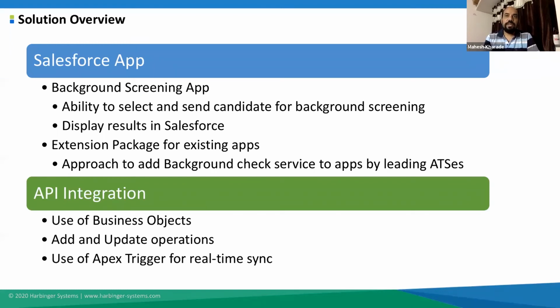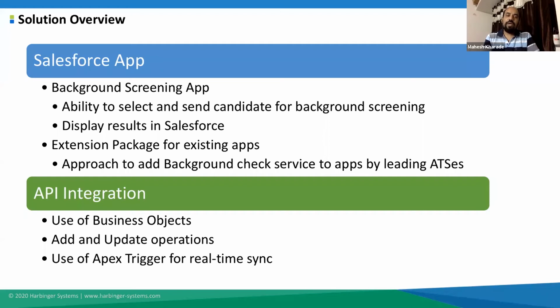That's where we created a separate background check app that gets added as a plugin into Salesforce, and it's more like app-to-app communication. Once the candidates are eligible for the background check, the recruiter would push them into the other app that we have created, and that app would take care of executing the background check workflows, and once the results are ready, those are sent back to the other plugin.